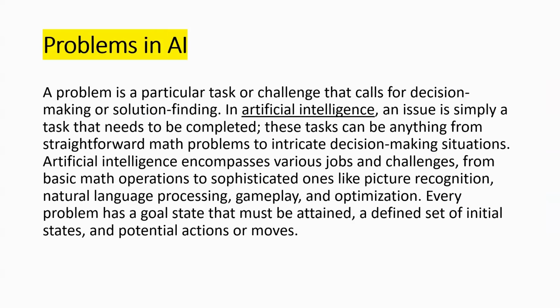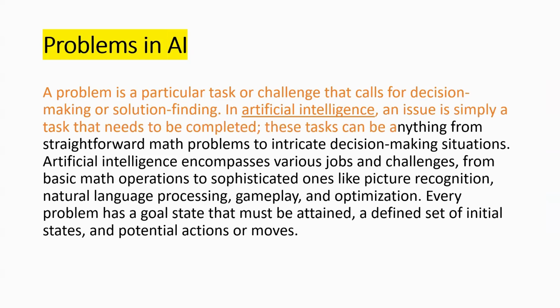So let's start. What's a problem? A problem in AI is particularly a task or challenge that calls for decision making or solution finding, right? In artificial intelligence, an issue is simply a task that needs to be completed. Those tasks can be anything from a straightforward math problem to intricate decision-making situations.